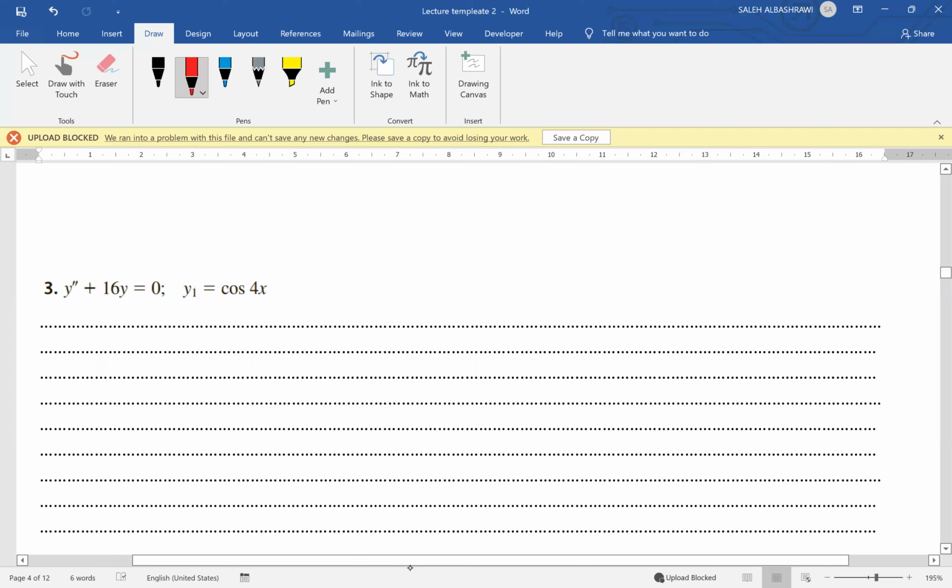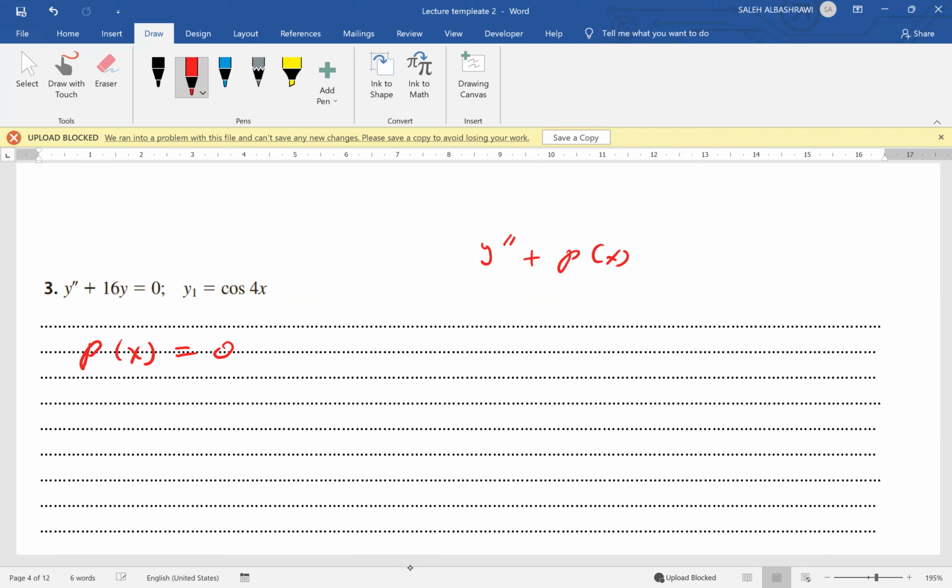For that we have y double prime plus 6y equal to 0, and we are given that y1 equal to cosine of 4x. So b of x for this equation is equal to 0. Because the standard form is y double prime plus b of x y prime plus q of x equal to 0.